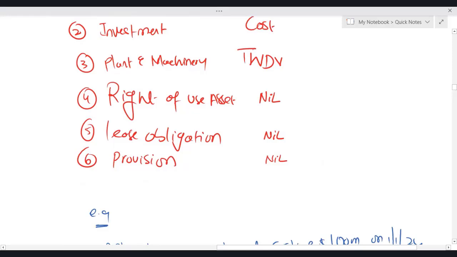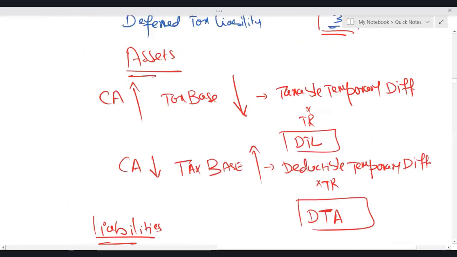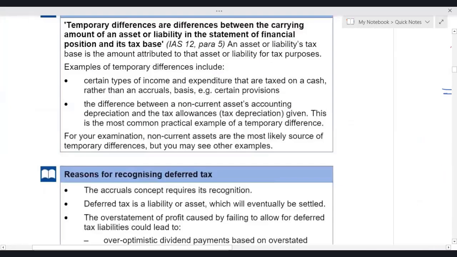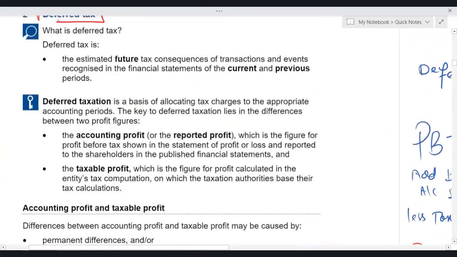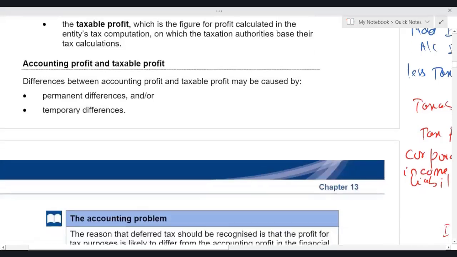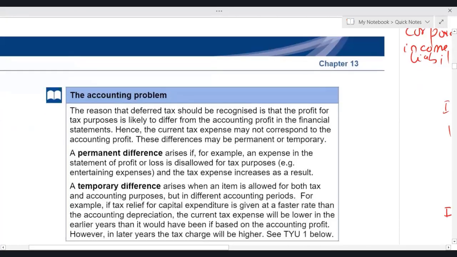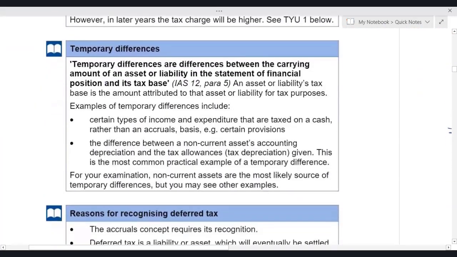Deferred tax cannot arise from permanent differences. Deferred taxation, we have discussed. Taxable profit, we know that. We know IAS 12 categorically says deferred tax arises only from temporary differences. Due to permanent differences, deferred tax cannot arise.